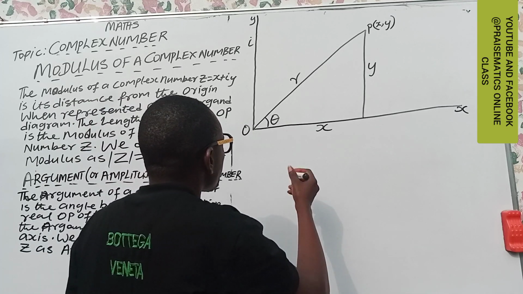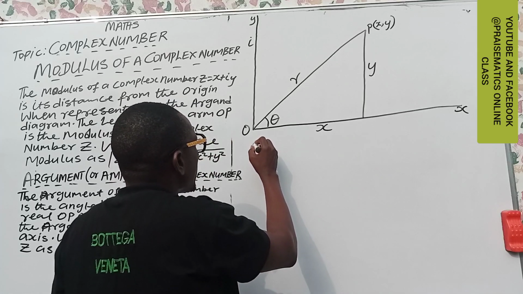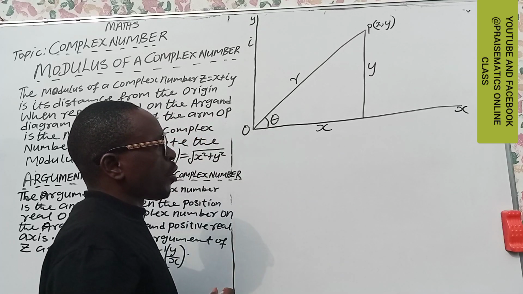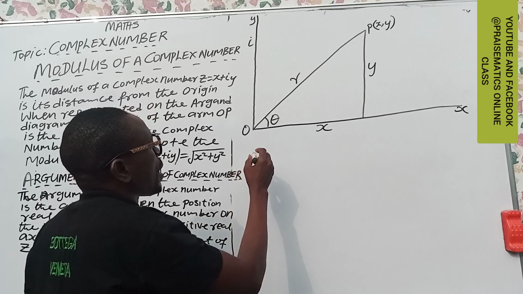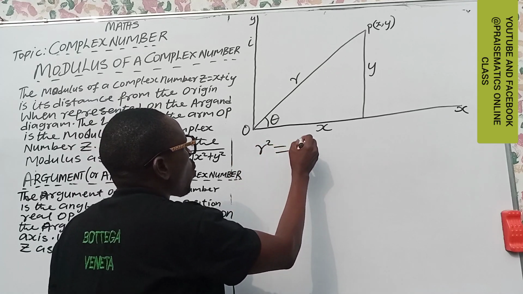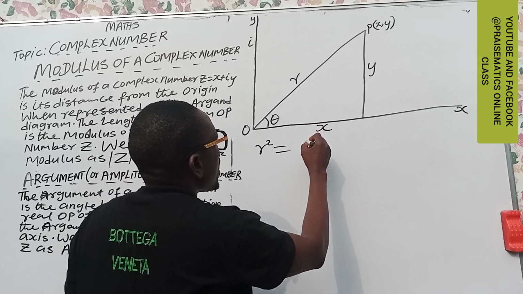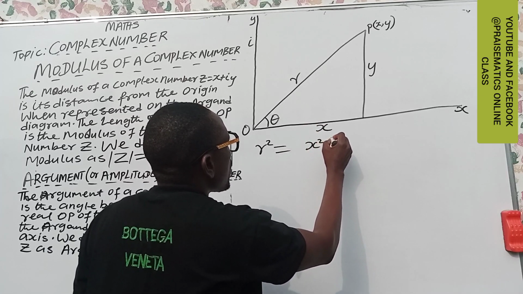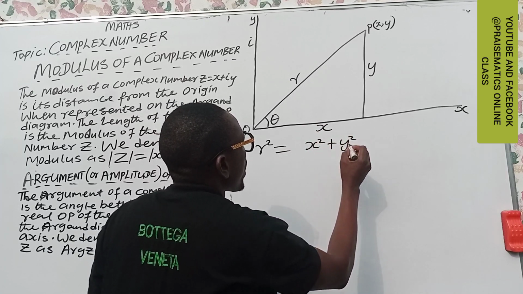Now let's start. Remember Pythagoras theorem, which stated that r square is equal to x square plus y square.